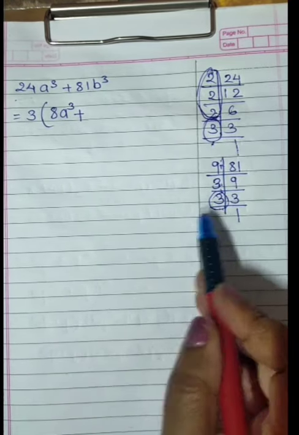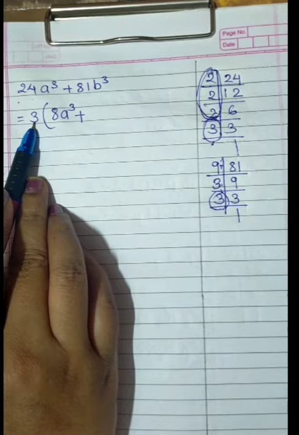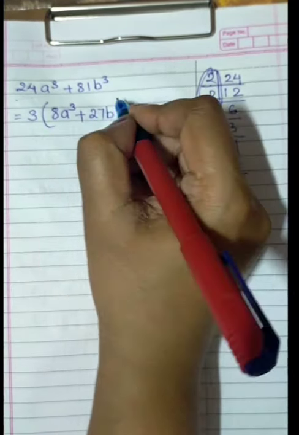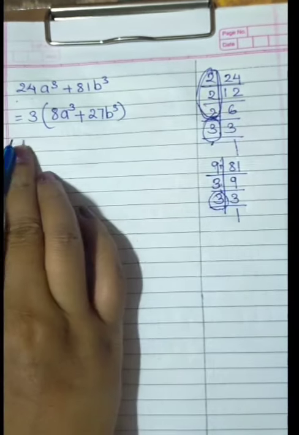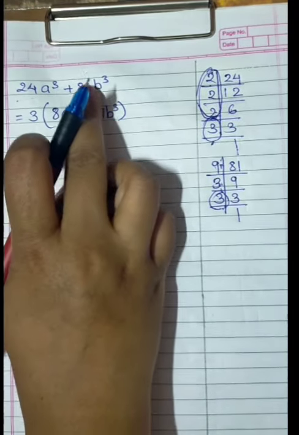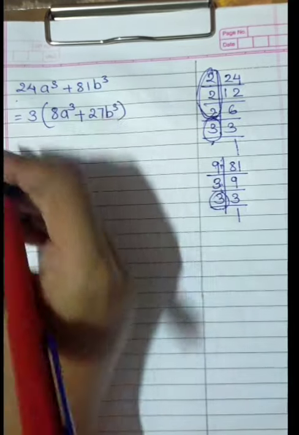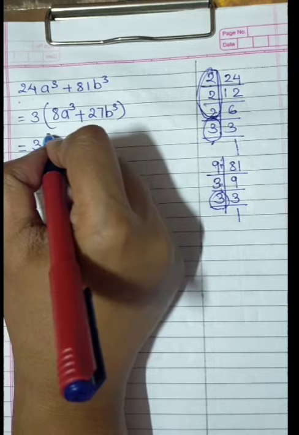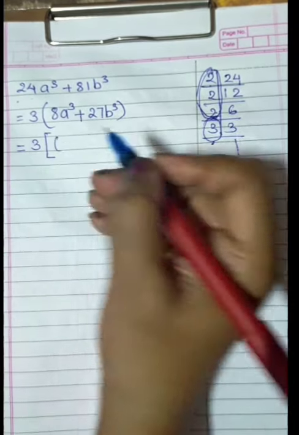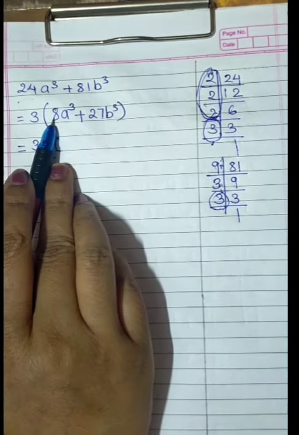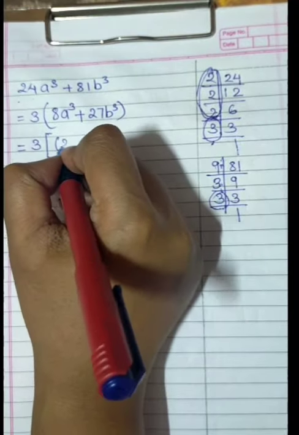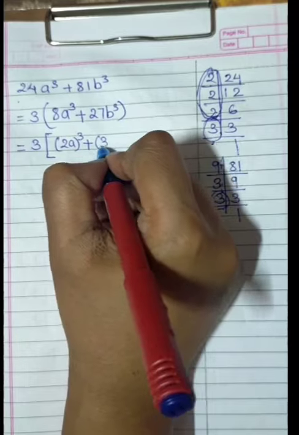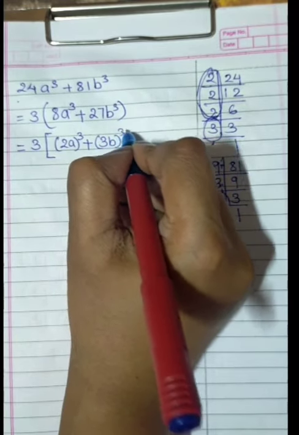So 3 we will take common, already we have taken, so 3 9s are 27, we will take 27b cube. As you can see, 3 27s are 81. Okay, now we are moving to next step, that is 3, take big bracket inside that. Now cube root of 8 is 2a cube plus 27 is what, 3b cube.